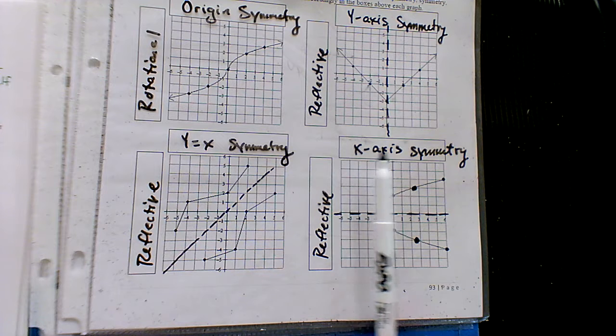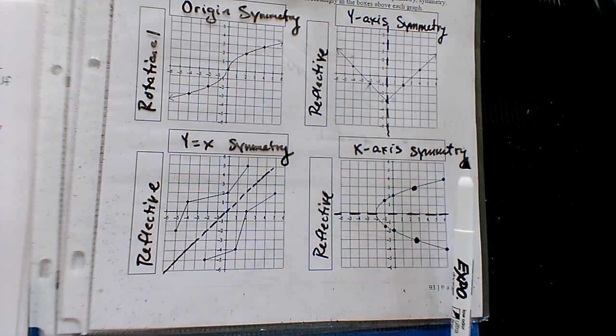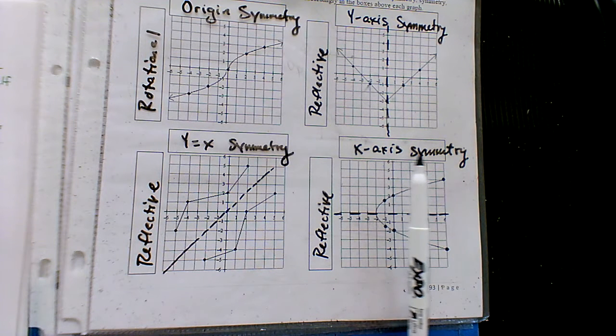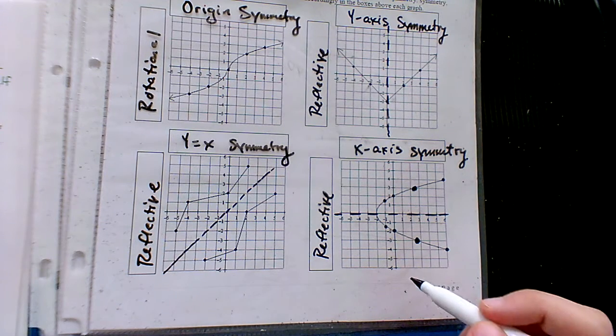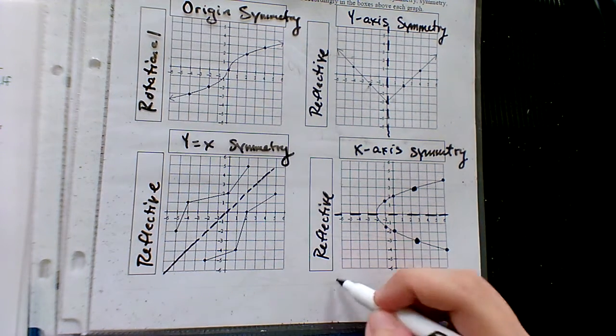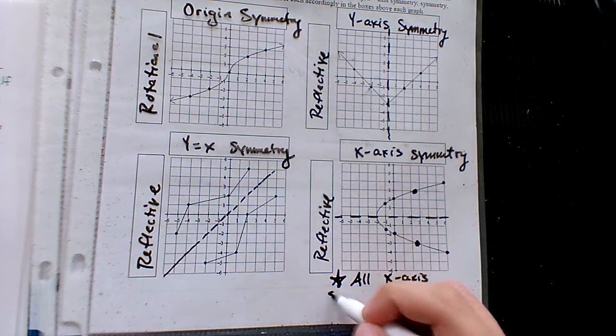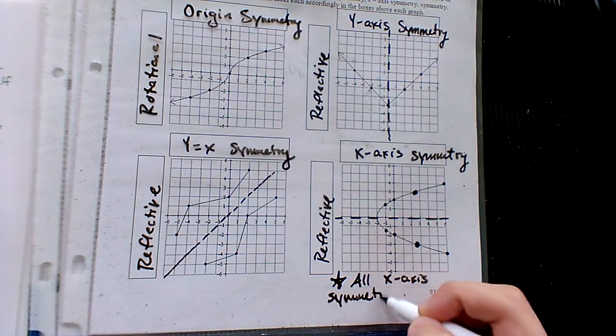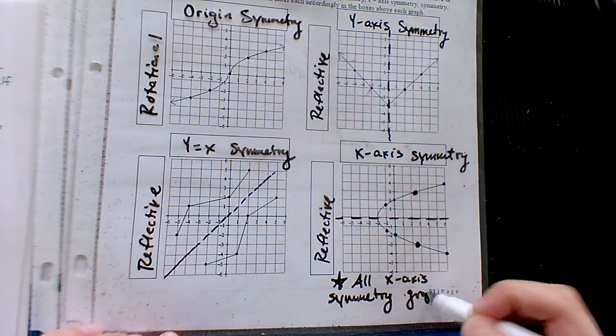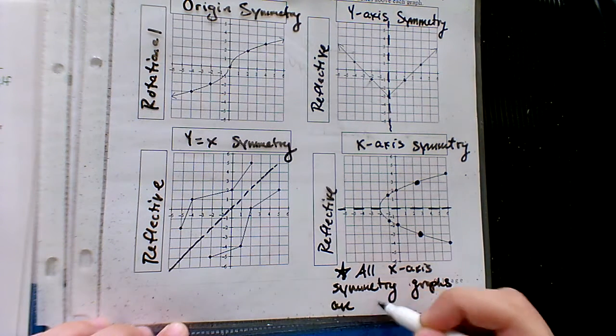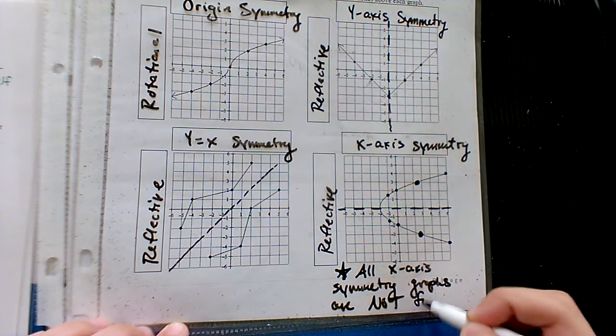Do you remember what the vertical line test tells us? Our conclusion? Yeah? It's not a function. Okay, so all x-axis symmetry graphs are not functions.